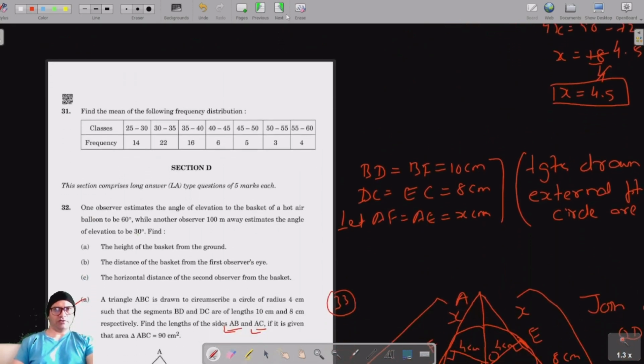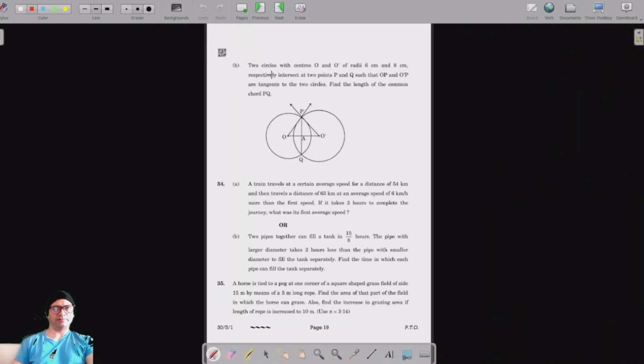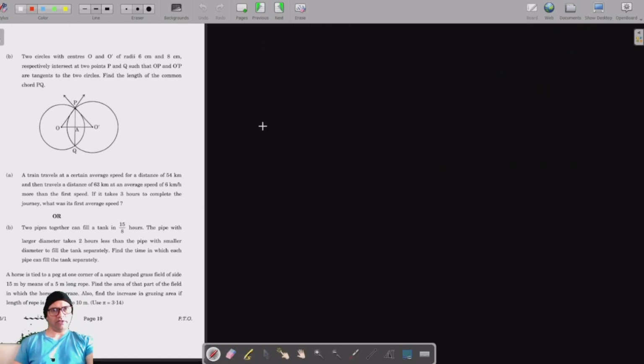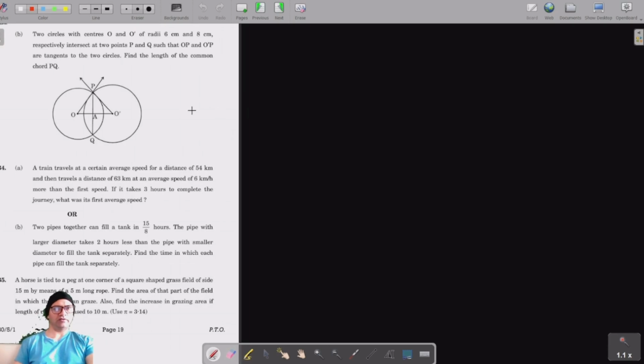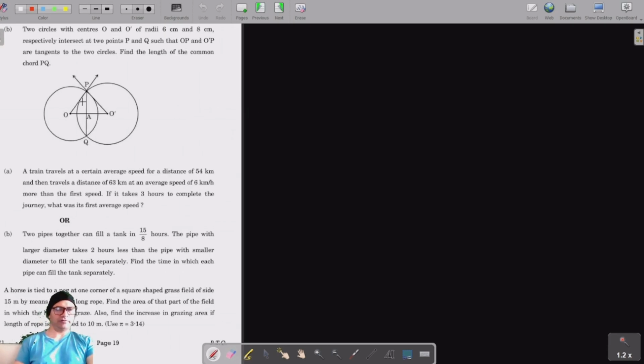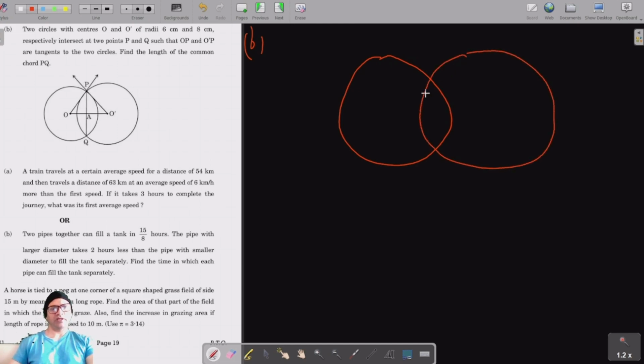And let's move on to the next part of the same question. It's given that two circles with centers O and O dash of radii 6 and 8 centimeters respectively intersect at 2 points. So this is for part B, and the figure is somewhat like this for the two circles.